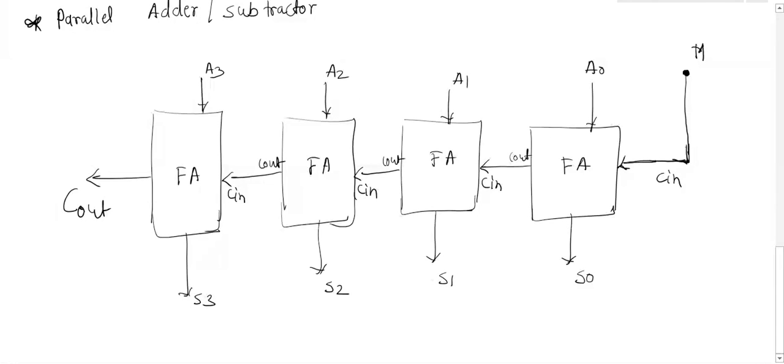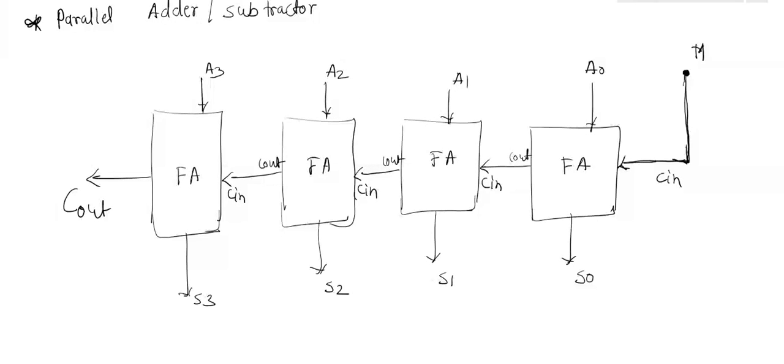When M is equal to 0, the carry will be 0 and the circuit will act as an adder. When M is equal to 1, the carry in is equal to 1 and the circuit is acting as a subtractor. Now the most important input to the adders is the second input. The second input is B0, B1, B2 and B3.